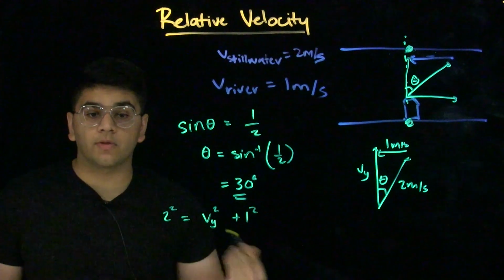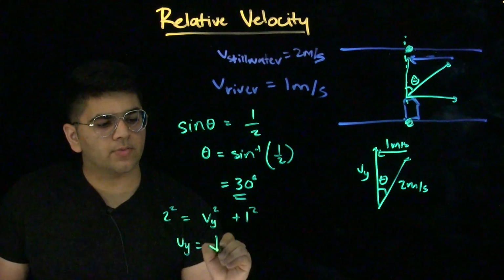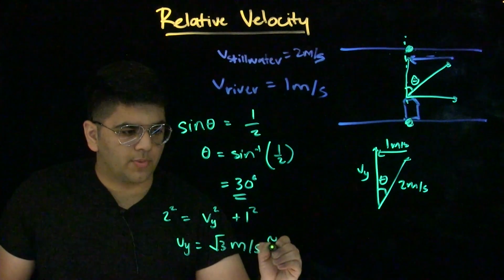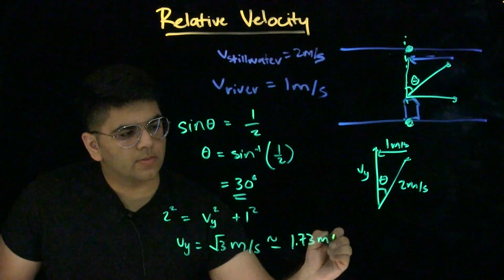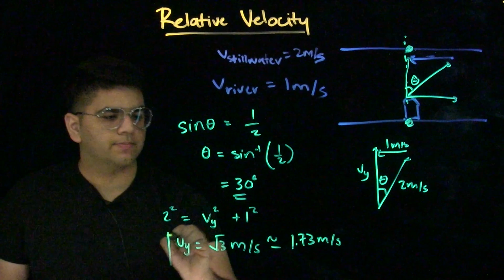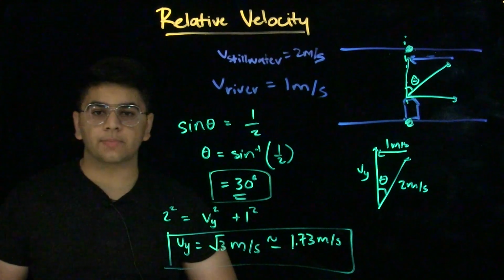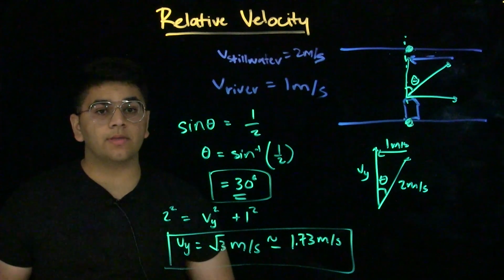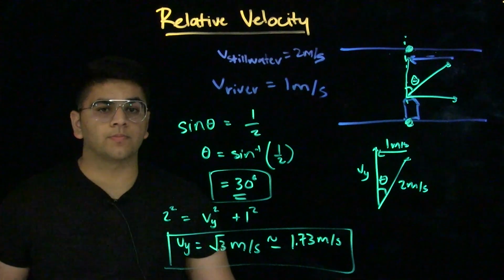So when we solve for the y velocity, we get the square root of 3 meters per second, or approximately 1.73 meters per second. And this is how you approach the problem. It is dealing with these vectors and adding them in the way that the problem is asking you to do.